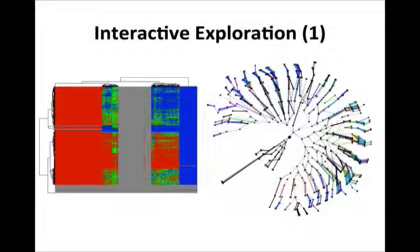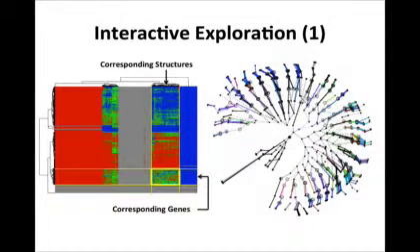Now, we are going to use HouseTree to explore spatial gene expression and overall structural developmental patterns. First, we focus on a section that has consistent expression flow. The corresponding genes and structures are shown in the matrix. At the same time, on the right, the corresponding structures are highlighted with circles.